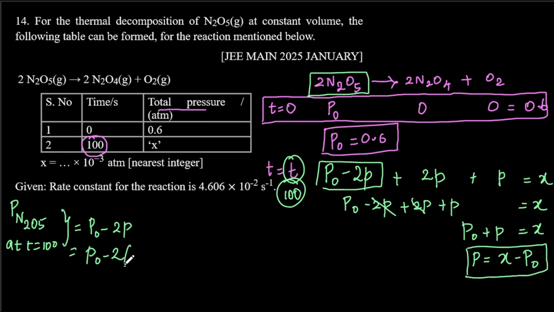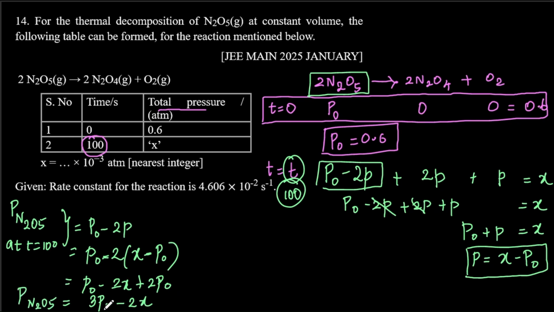Small p is x minus P naught, so P naught minus 2x. Minus into minus will become plus 2P naught. So P naught plus 2P naught will become 3P naught. 3P naught minus 2x. So this is the pressure of N2O5 at t equal to 100.